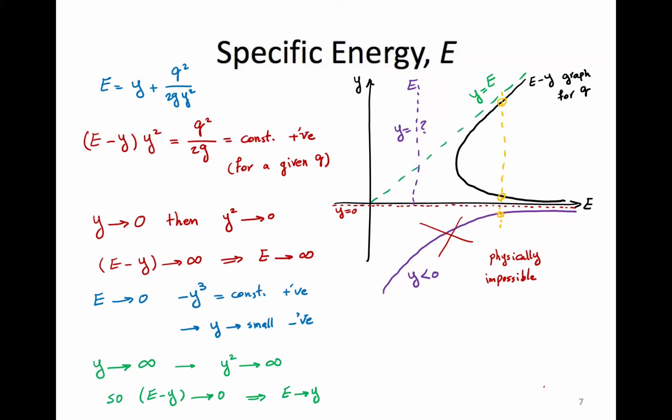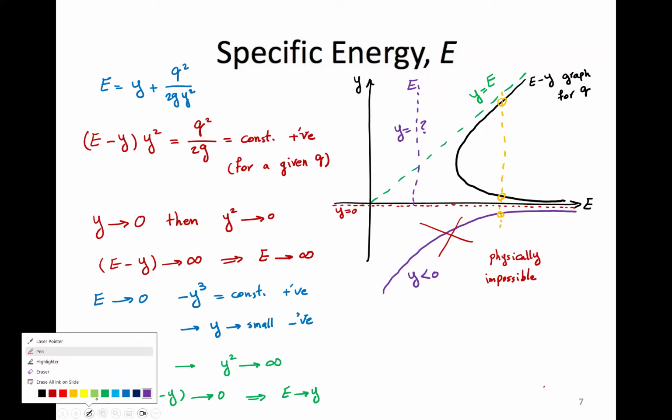All right. So another observation, another important point out of this EY graph is that the domain and range, I should say range, if you're looking at y as the dependent variable, is not all numbers. Some numbers, obviously the negative ones, are not possible, but also it has a minimum depth for any given Q. The depth cannot be less than whatever this value is.